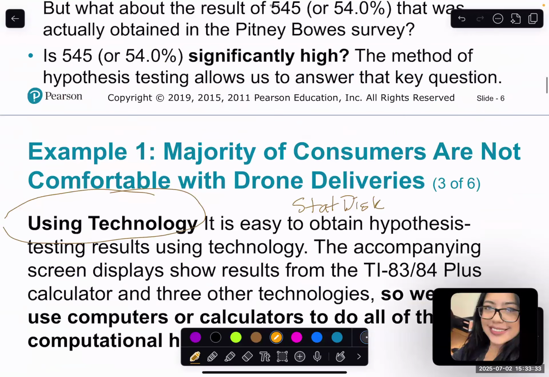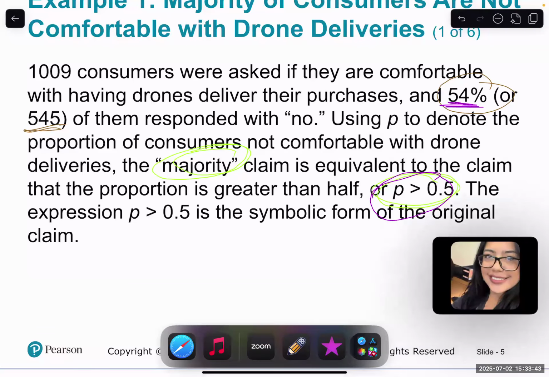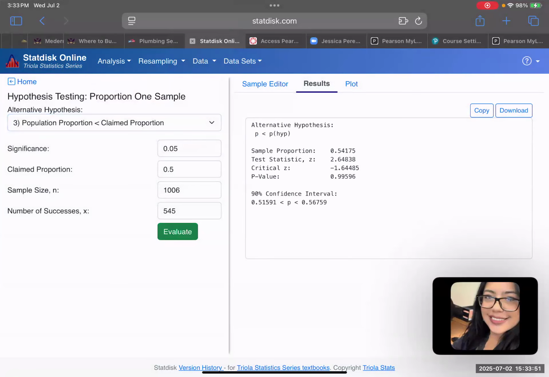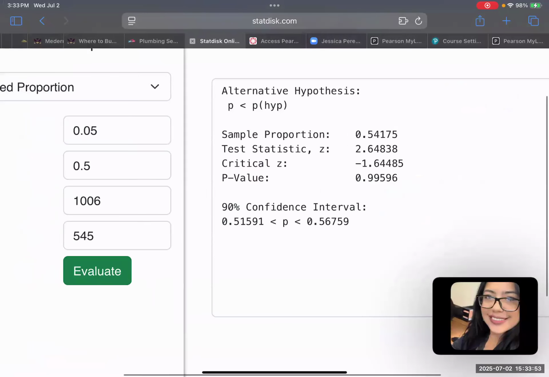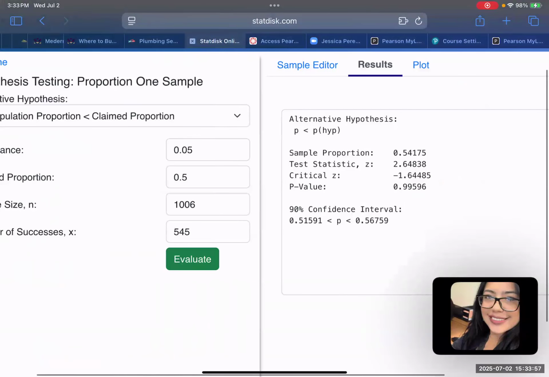So we're assuming, if we look at the example, p is greater than 0.5. So the proportion would be something greater than what's being claimed. So then here, when we hit evaluate, we would get some values that would tell us the sample statistic.